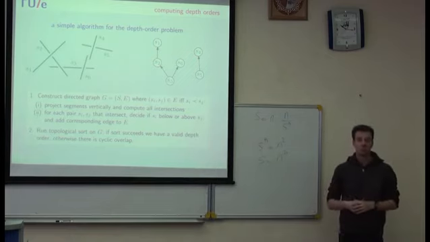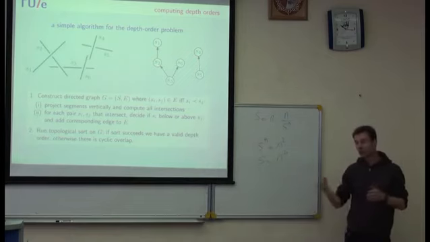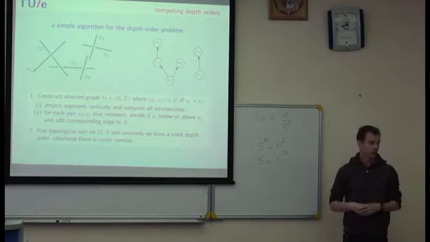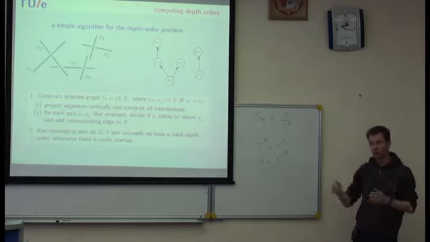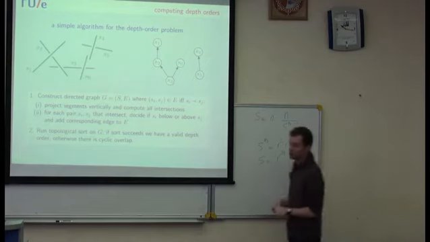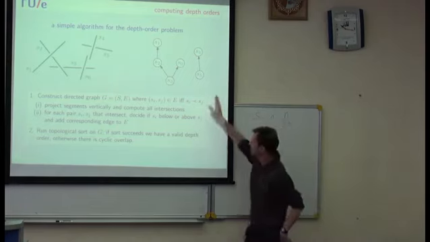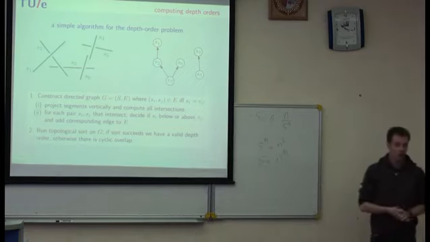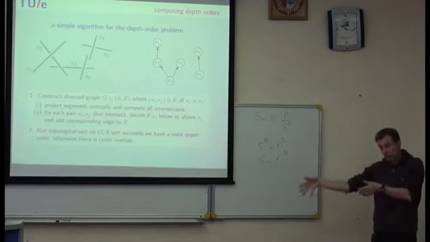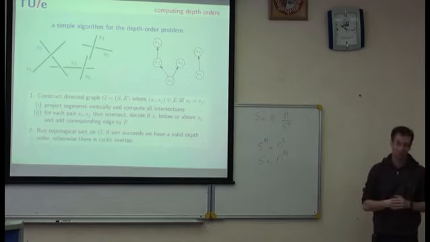I guess all of you have seen in one of your algorithms classes that you can do topological sort by depth first search in linear time in the size of the graph. So that's easy, and then you either report that there's a cycle, or you get a topological ordering, and that's your depth order.